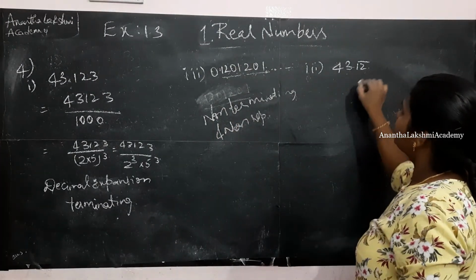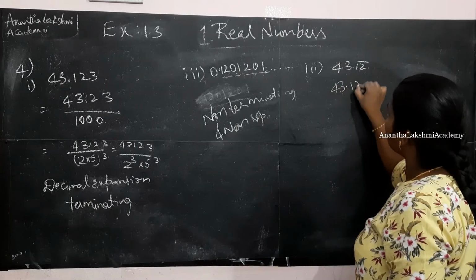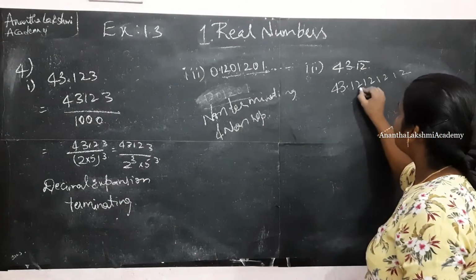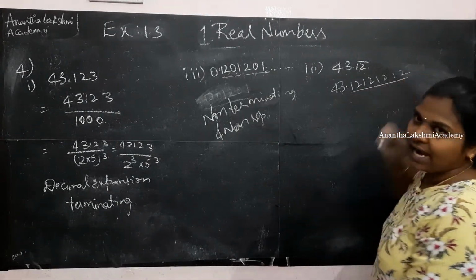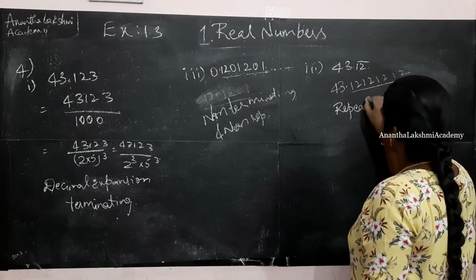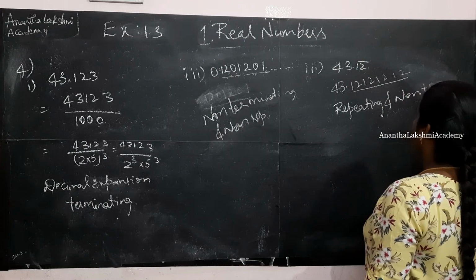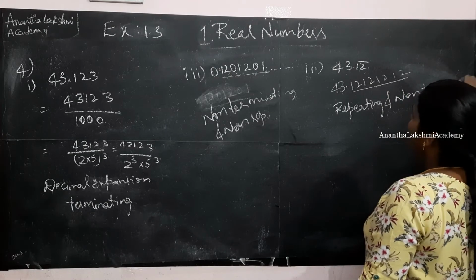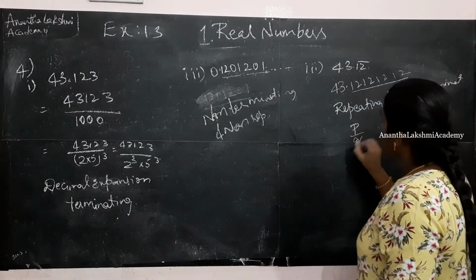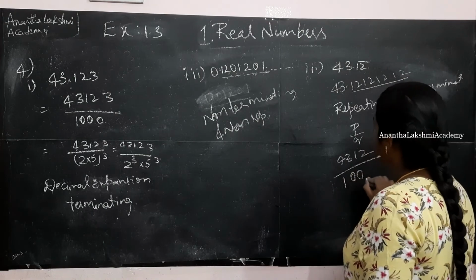So for this, 43.12222, so this is like 43.12121212. All right, if you observe, this is repeating and non-terminating. Non-terminating and repeating could be expressed as p by q, where 4312 by 2 zeros.